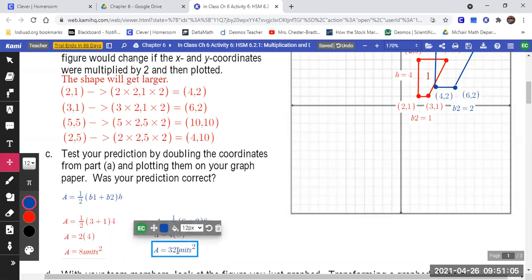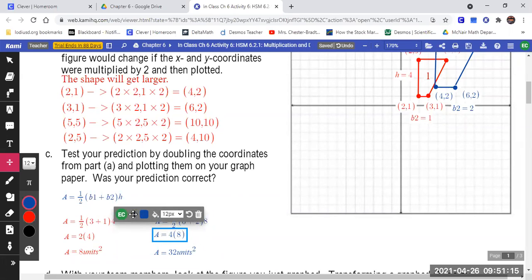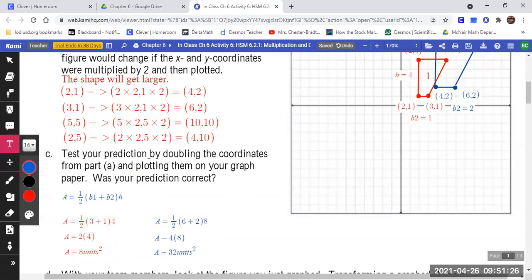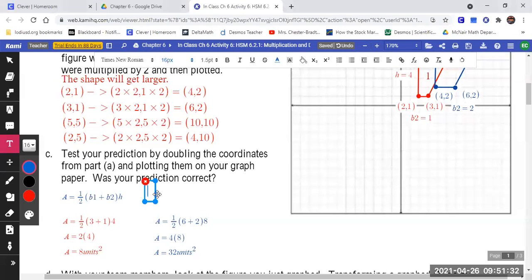Oh, is that 2 times as big? Did it get 2 times as big? No. How much bigger did it get? 4 times as big. So first thing, was our prediction correct that the shape got bigger?